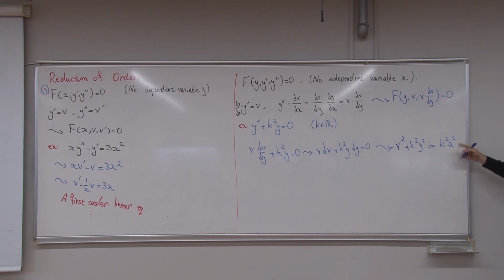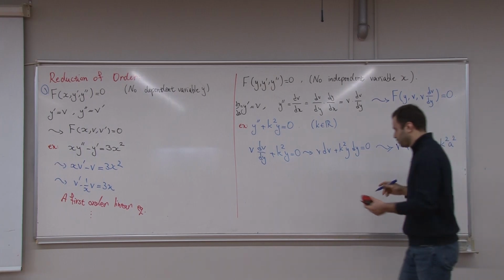Here you can figure out what a is: make 2c0 equal to this, and from here you can get it.